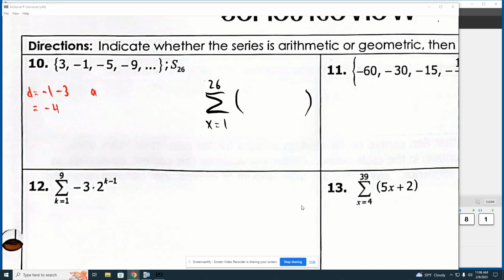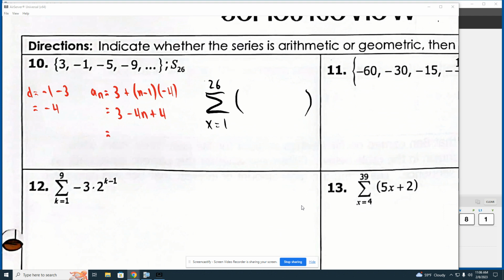So my equation is a sub 1, 3, plus n minus 1 times that common difference we just found, negative 4. I'm going to distribute that. What is negative 4 times n? Negative 4n. What's negative 4 times negative 1? Positive 4.